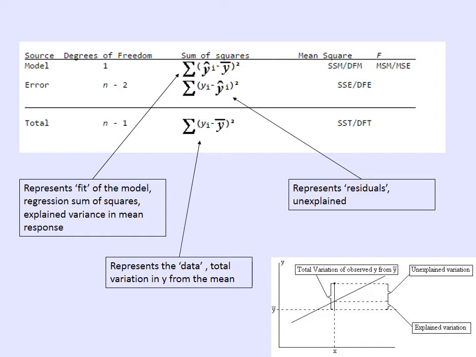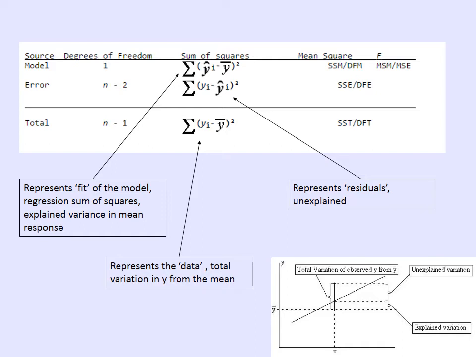Then we'll calculate an F statistic again, where it's the mean square model, or regression, over mean square error, or residuals as another name for it. In that second line, the sum of squares error, or sum of squares residuals, is the unexplained variation, and so it's every value of y to its predicted value, which looks similar to what we've seen before.